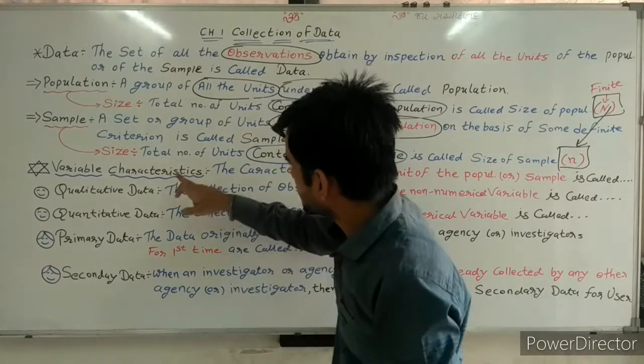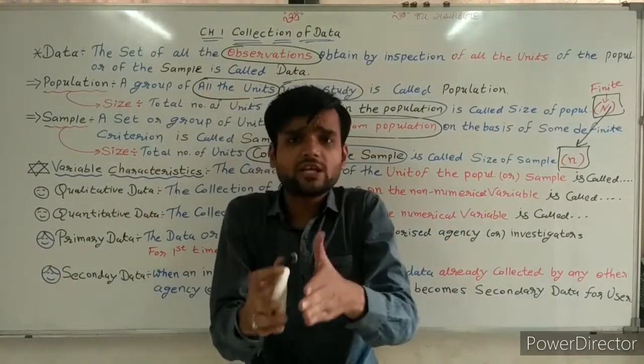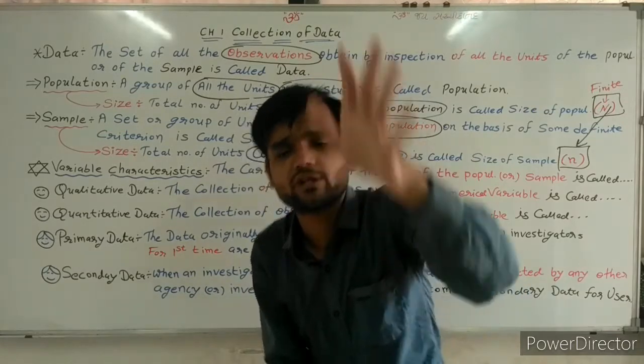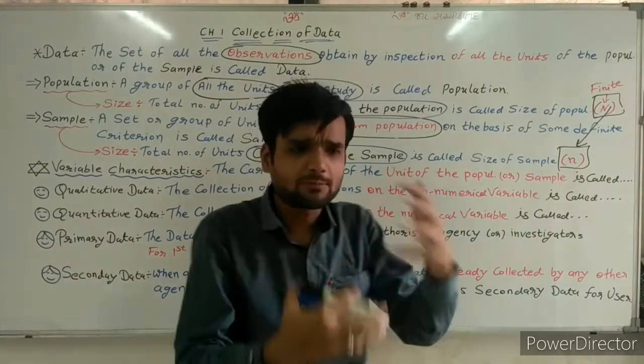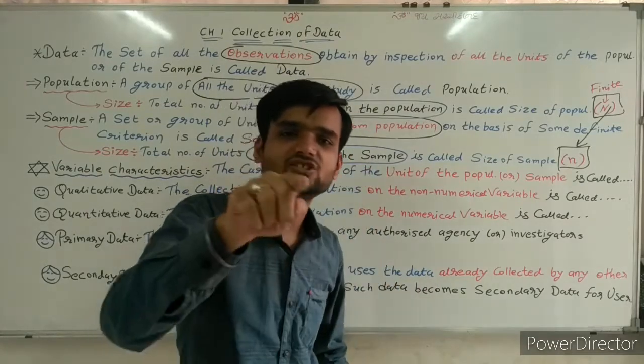Same way, here characteristics of a variable. The nature of a variable is a characteristic of the variable. Which type of variable is there? That is the characteristics of the variable.